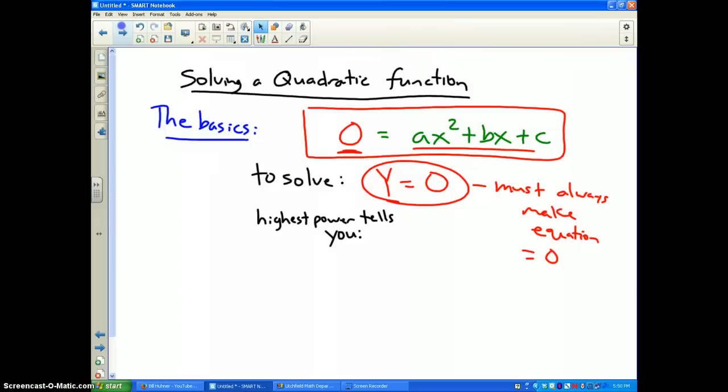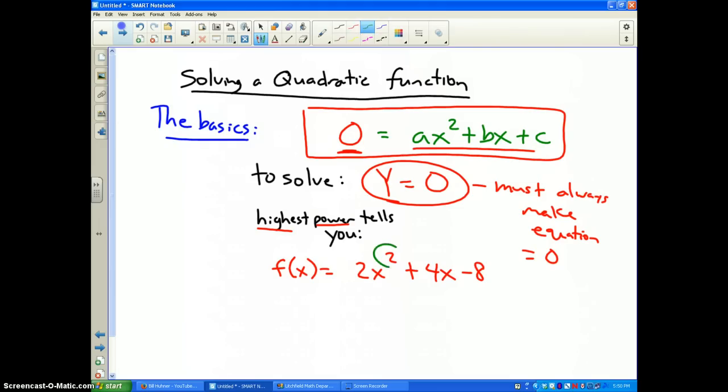Now, the next thing we need to be able to do is read the highest power. If I have a quadratic function, let's say f of x equals 2x squared plus 4x minus 8, and I need to solve that, you look at the highest power of x. The highest power tells you at most how many solutions there are to your problem.